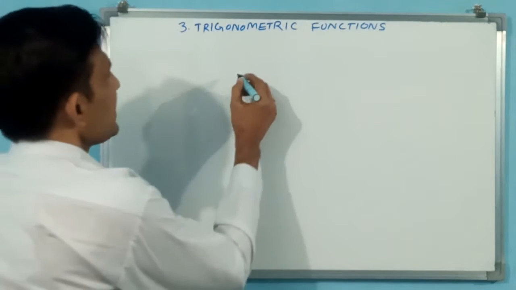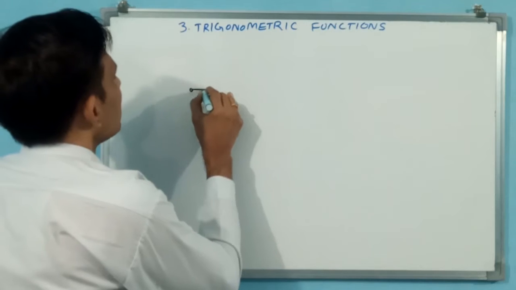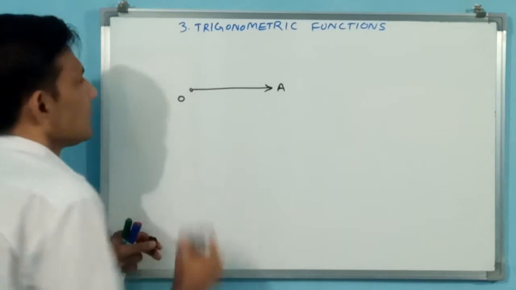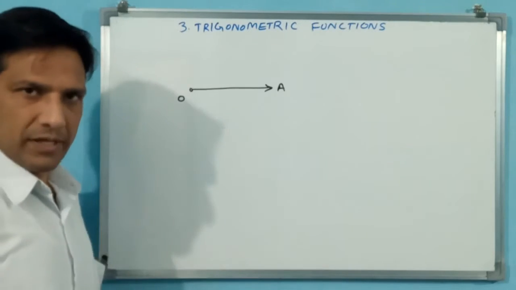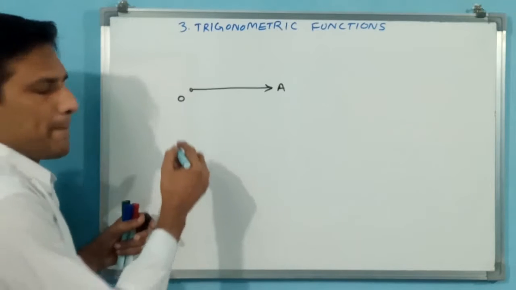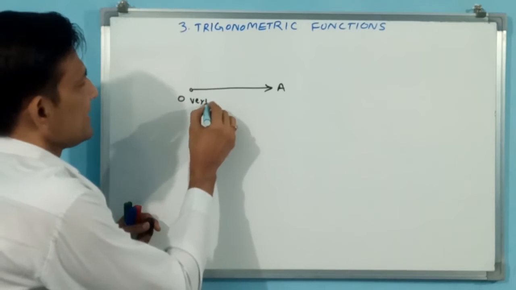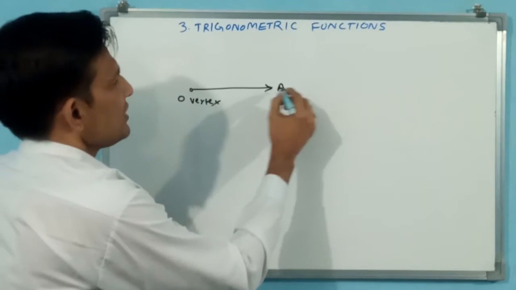Say one line or ray is there. This is a line or ray. Now you see, this is the vertex. This position is the initial position.